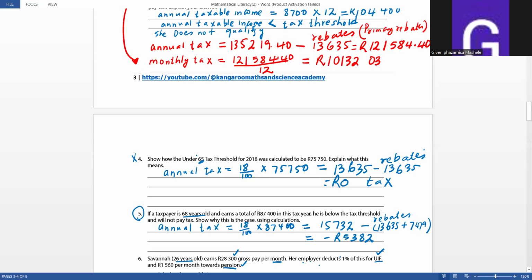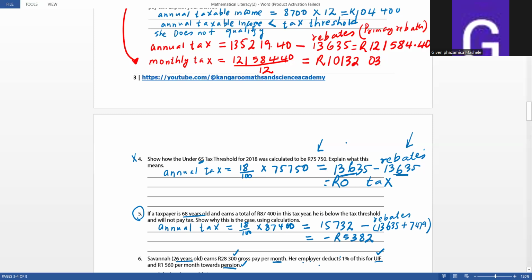So it means that according to the target, they set this threshold knowing that at this threshold there will be no tax paid. It was set based on the rebates, and knowing that 18% of 75,750 will give us the same amount as the rebate. That's why the tax threshold was set at 75,750.